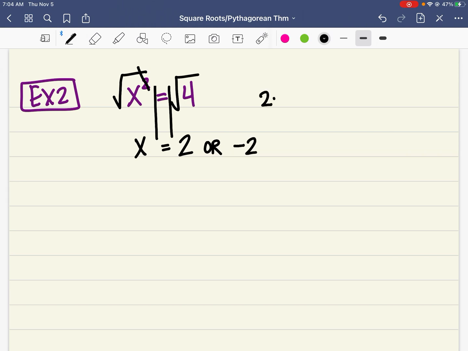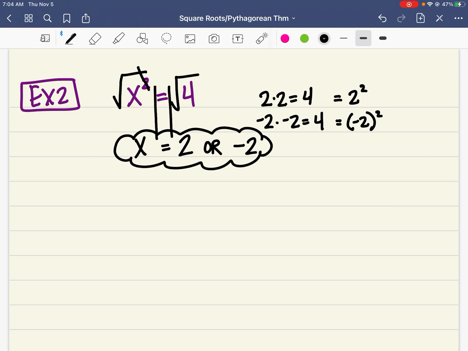Remember, because 2 times 2 equals 4, or negative 2 times negative 2 equals 4, right? So 2 squared or negative 2 squared, both of those work. All right, so I could write this, or we could use that new symbol. We could say x equals, and this is how you would say it, plus or minus 2.